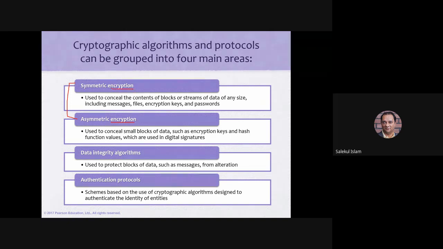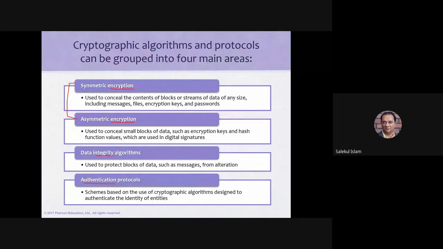Although they have mentioned four, you can easily understand that these two are, at some point, the same: they are encryption. And then another category is integrity, and another one is authentication.